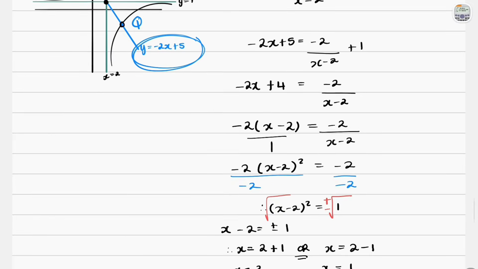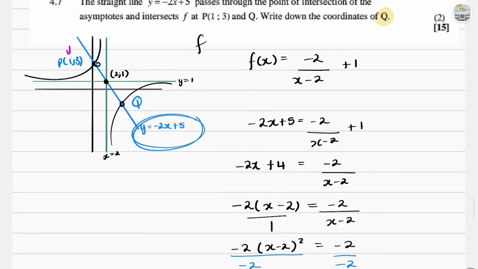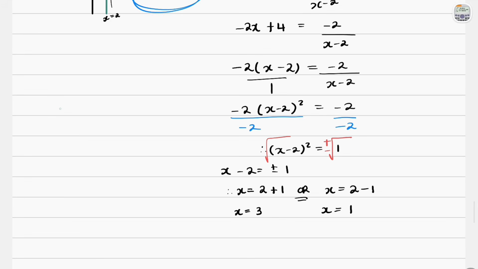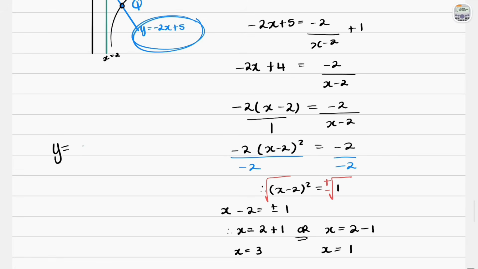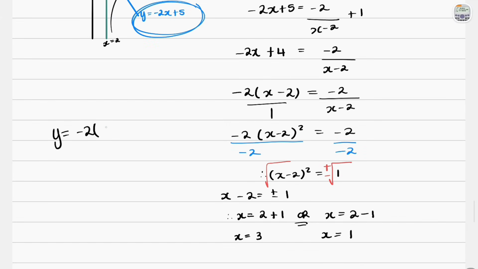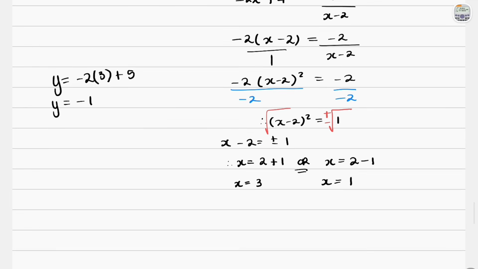So to find this, just use the easier equation. Since they both intersect at Q, this point Q lies on F and this line. So I'm going to go ahead and say y is equal to negative 2 multiplied by 3 and then plus 5. So y equals negative 6 plus 5, so 5 minus 6 is negative 1.